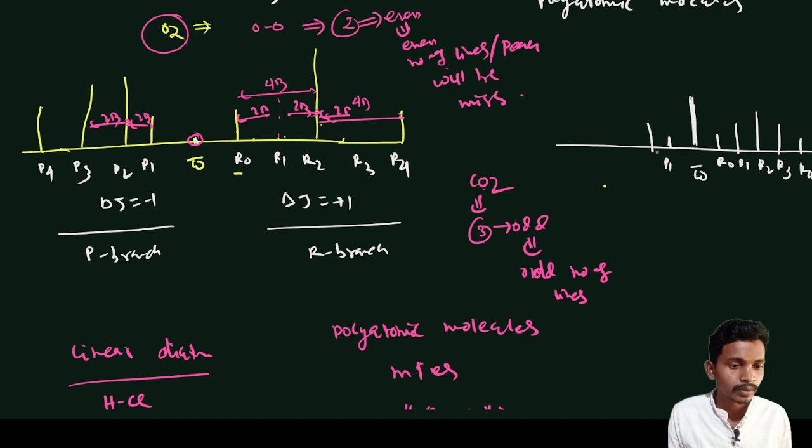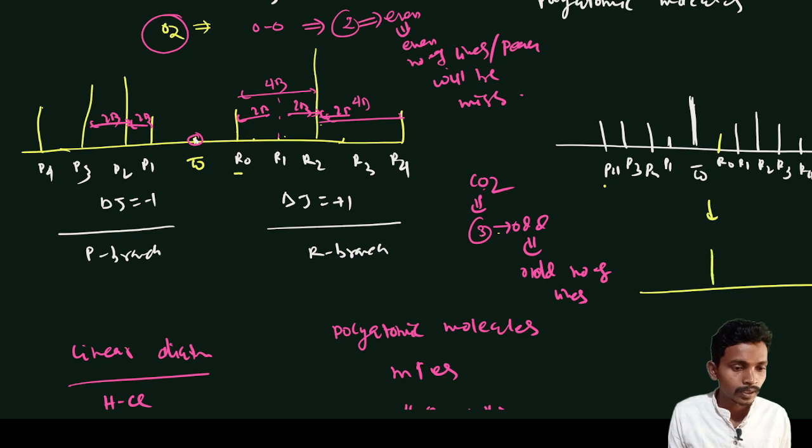Let's say P1, P2, P3, P4. Then for CO2, since the number of atoms is 3 and 3 is odd, the odd-numbered lines will miss. Oh, sorry, I will draw next.